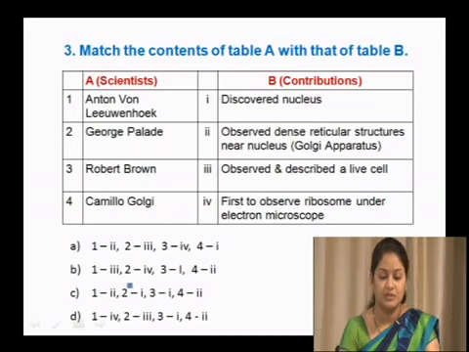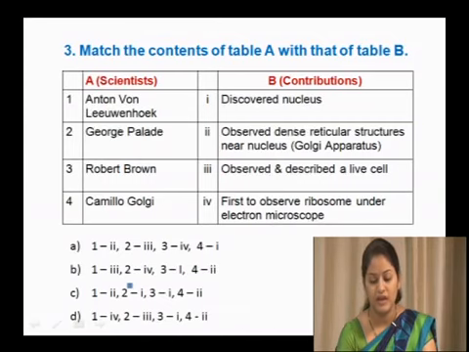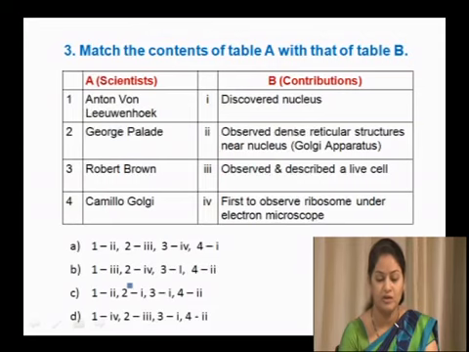Continuing with Anton von Leeuwenhoek, we already know that he was the first one to observe and describe a live cell. So for the first one, option is Roman number 3. Second scientist, George Palade, was the one to first observe ribosome under electron microscope.